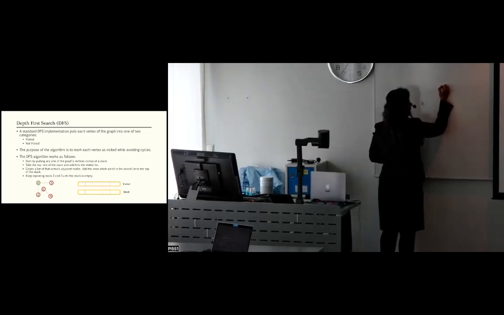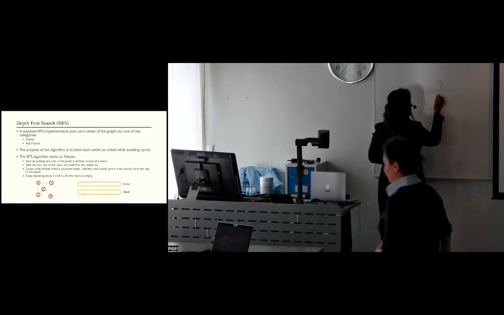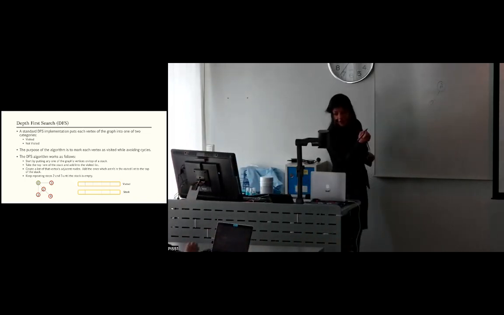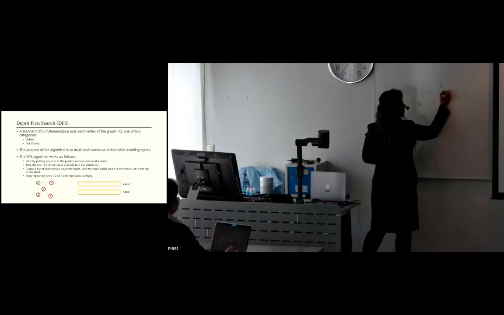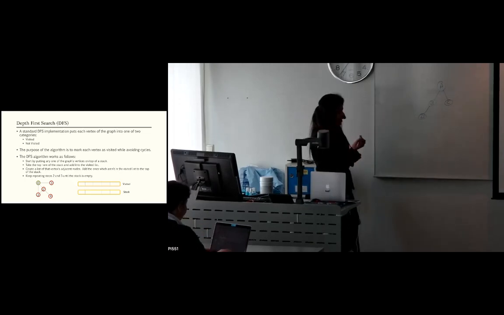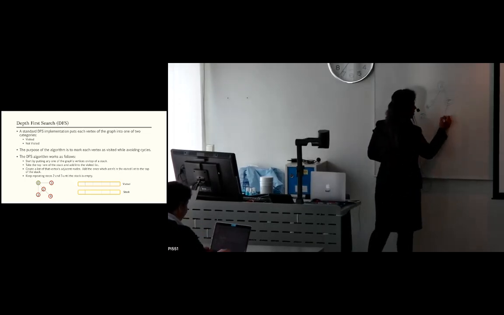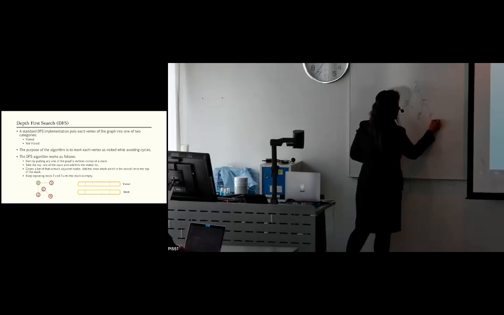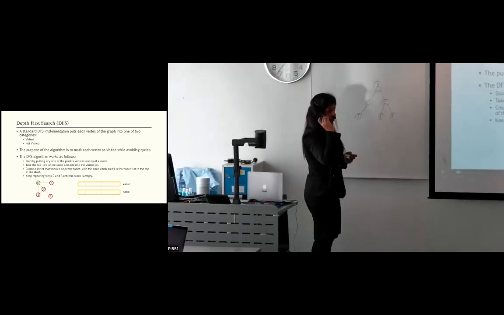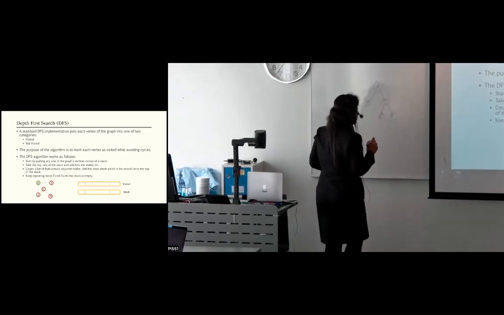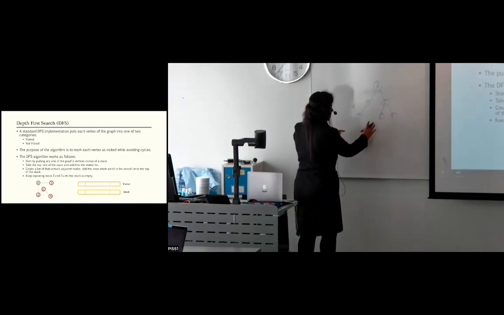For example, we have this graph: A, B, C, D, E and F. So this is the graph.